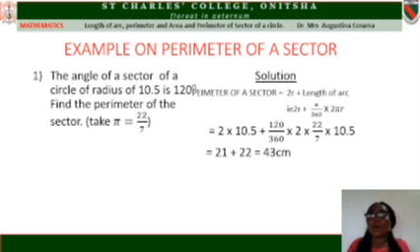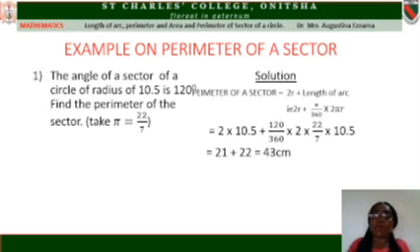Formula for 2r: you know we have 2 radius there in the arc. Then 2 times the r there is 10.5. Then the pi there is 22 over 7, as given in the question, taking pi equals 22 over 7. That is, now we have 2 times 22 over 7 times 10.5.